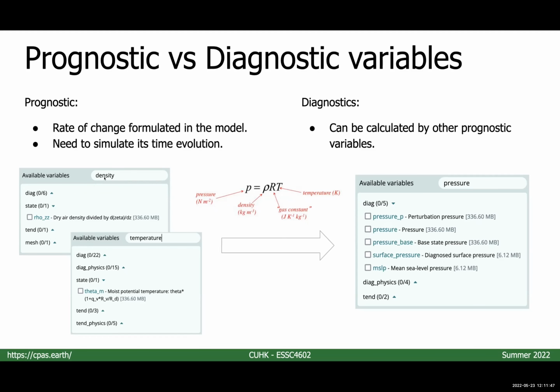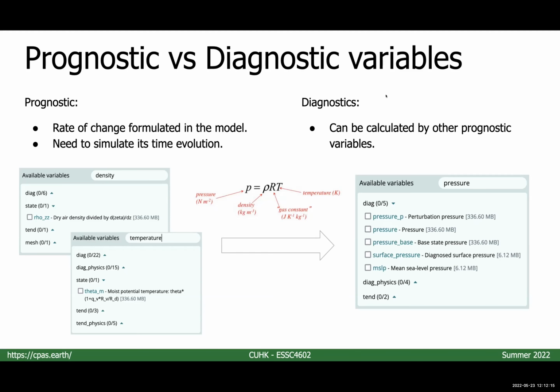And also by density, it is actually transformed to a variable called rho cc, dry air density divided by something something. So usually in numerical algorithms, the implementer have higher mathematical skills and try to transform the mathematical problem to some way that is more efficient to carry out the computation.